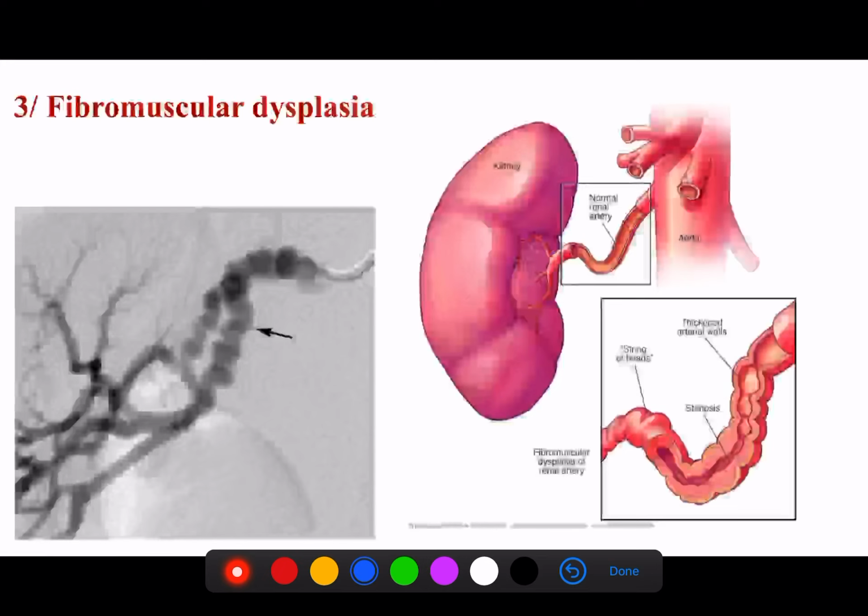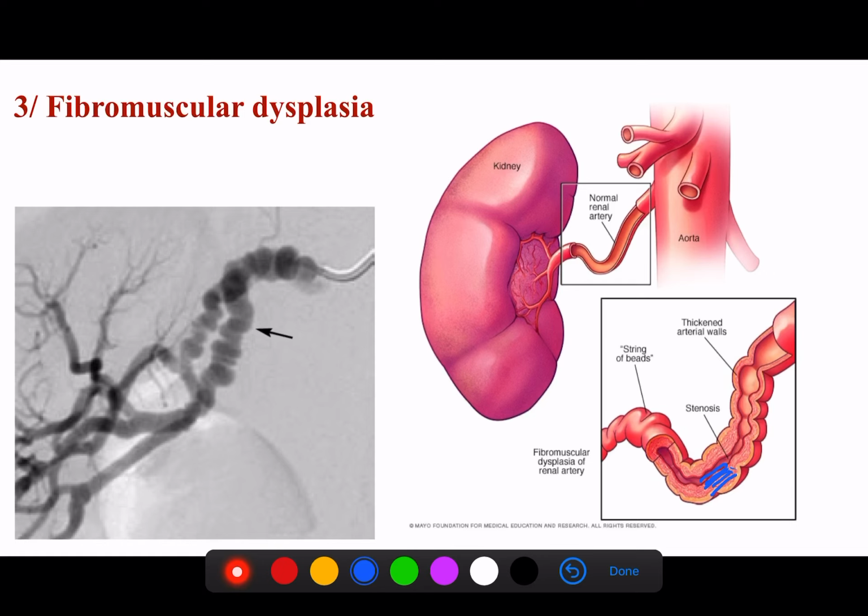The third congenital and important blood vessel anomaly is called fibromuscular dysplasia. In fibromuscular dysplasia, the wall of the blood vessel becomes much thicker than normal due to increased fibrous tissue formation and decreased smooth muscle.